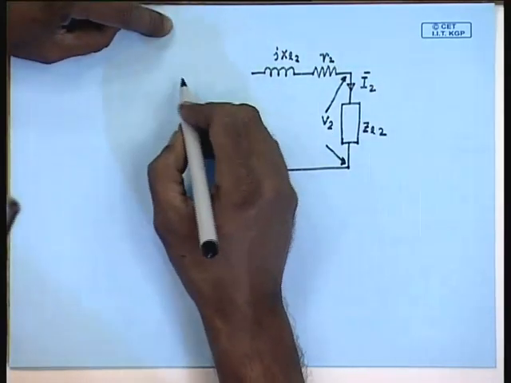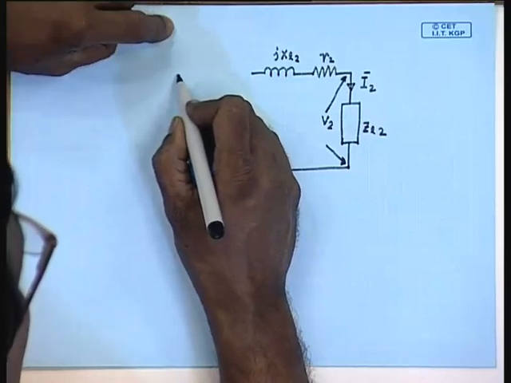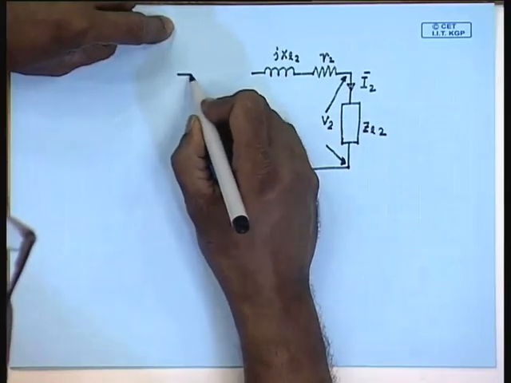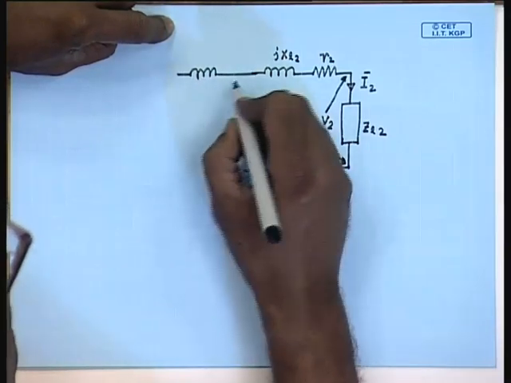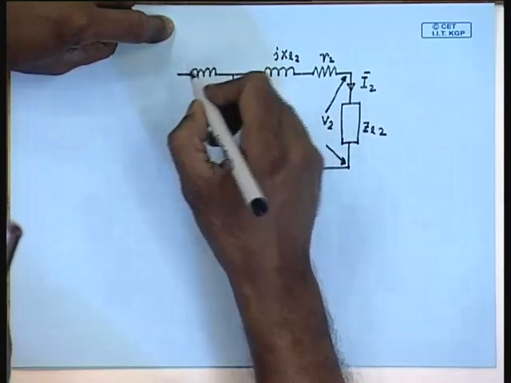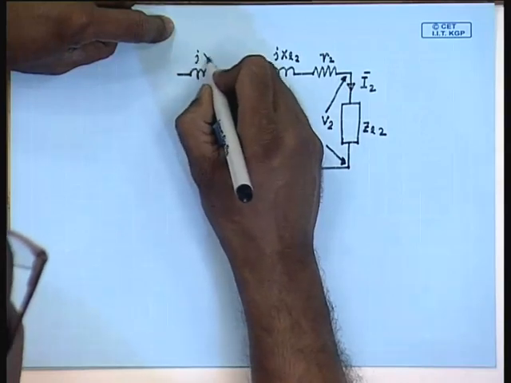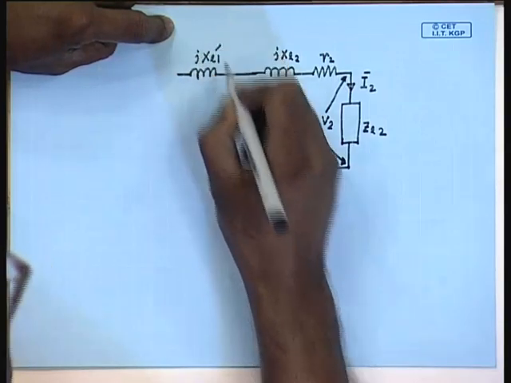We would like to retain the structure of the primary circuit. Therefore, we will have an equivalent impedance in series, equivalent inductance in series, and call it jXL1 dash.